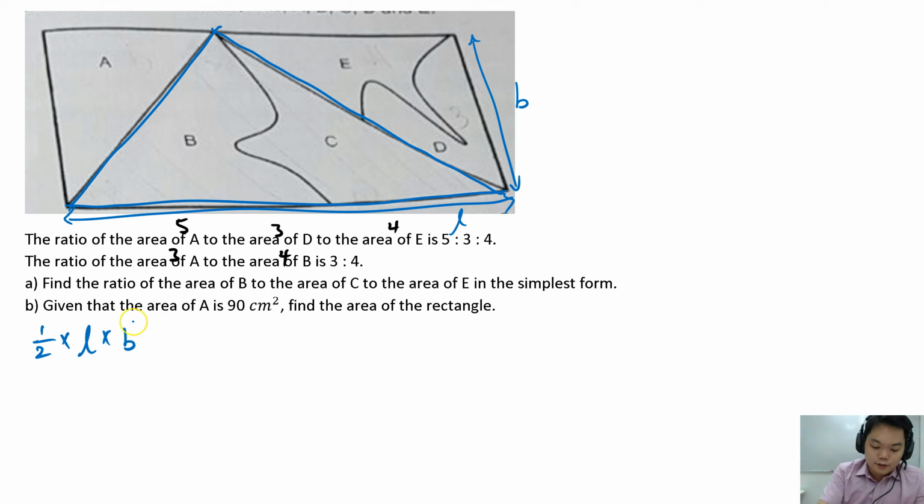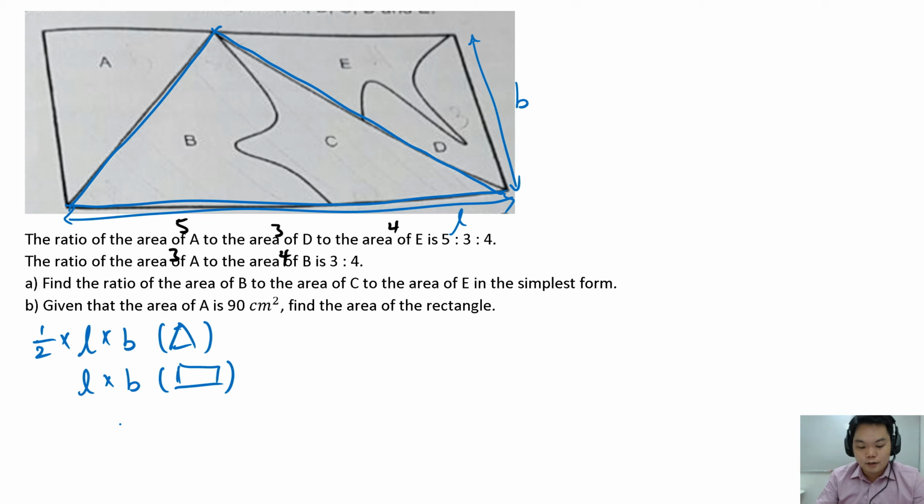Then the rectangle itself is length times breadth, which gives you its area. So we can say that B and C combined together will be half the area of the rectangle. So this is B plus C.